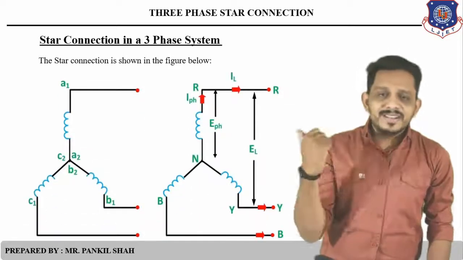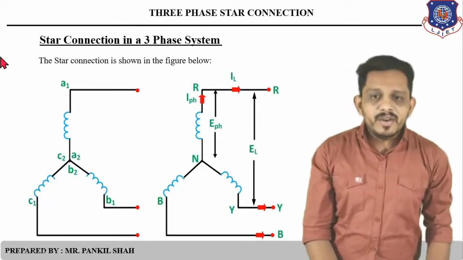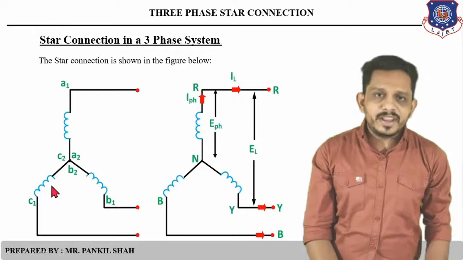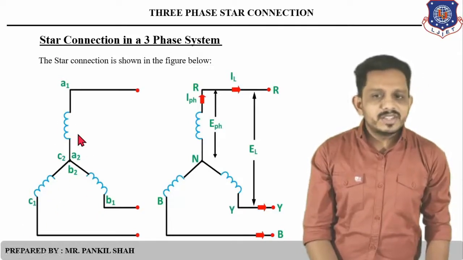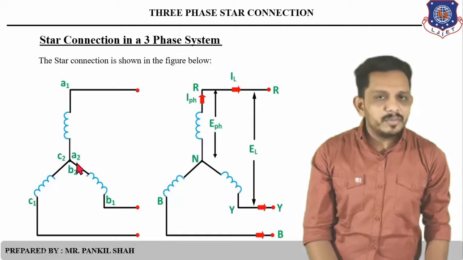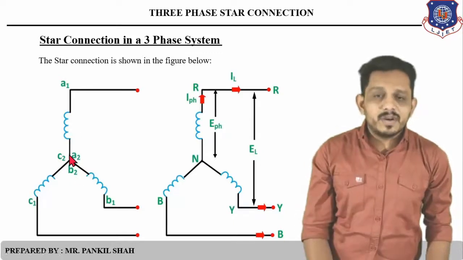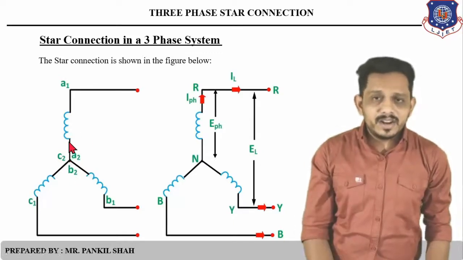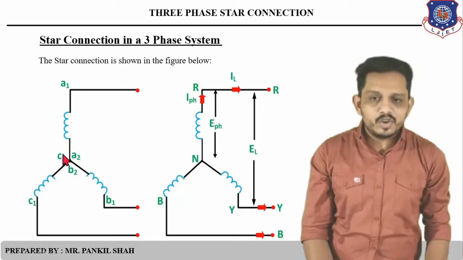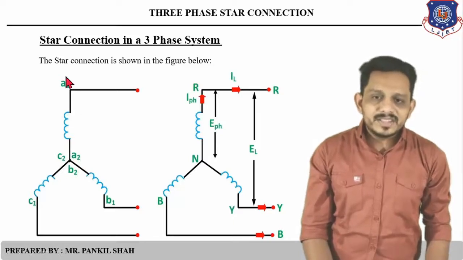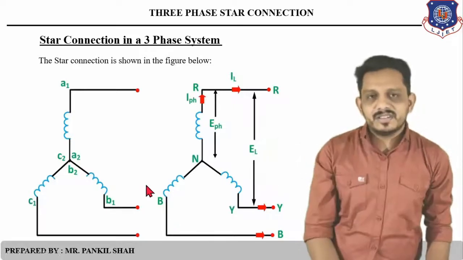So you can consider this figure here. We have connected three coils. We have taken previously the A1 A2 coil, B1 B2 coil and C1 C2 coil. You can see here the neutral terminal, and the neutral terminal is connected at the similar terminals of these three coils, that is A2, B2 and C2. And A1, B1 and C1 are treated as the line terminals.